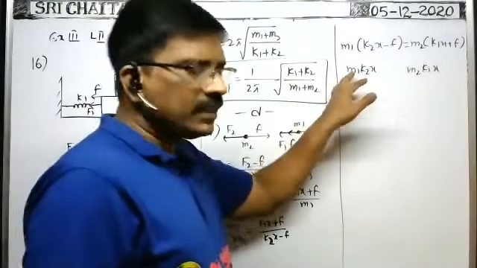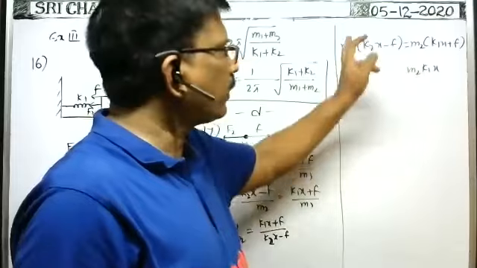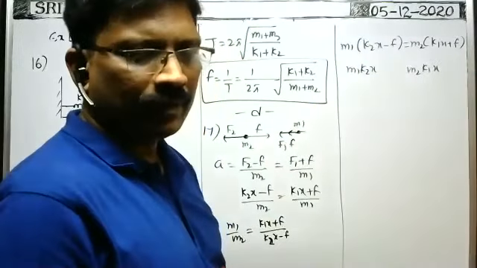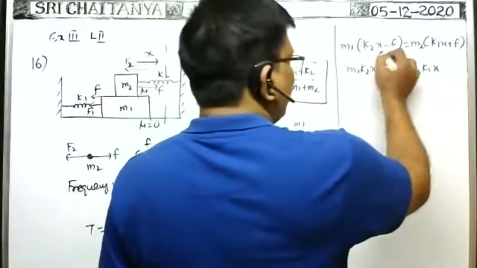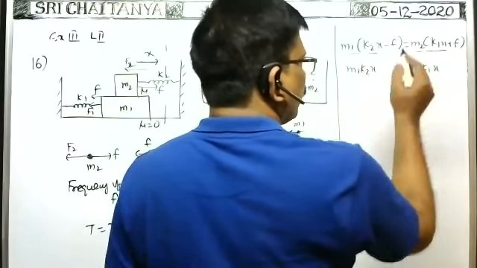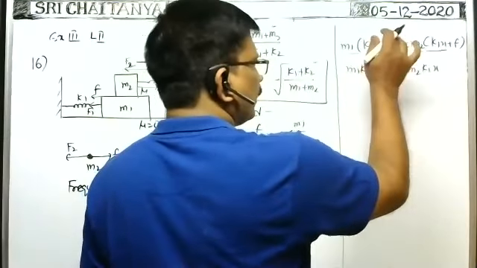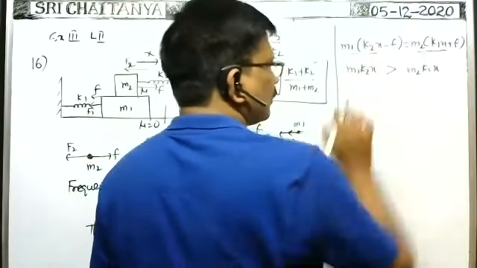Okay, now from this equation, M1 K2x is greater than this one, or this is greater than this one, from this relation you tell me. If we subtract this from this, it equals this. So definitely this is greater than this one. Okay, so M1 K2x is greater than M2 K1x.